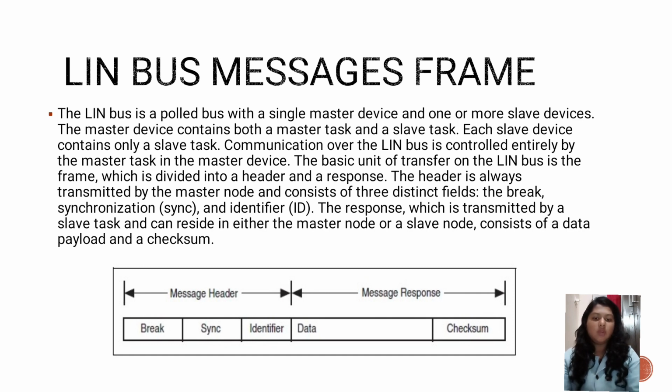The basic unit of a transfer on the LIN bus is the frame, which is divided into a header and a response. Here we can see the message header and message response. First a break and synchronization, then identifier and data, and then a checksum in a LIN bus frame.